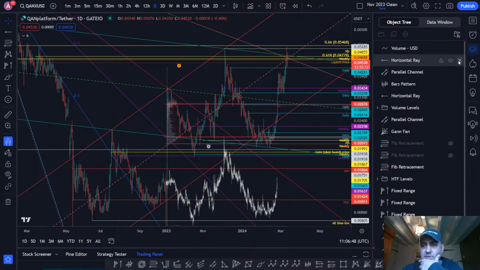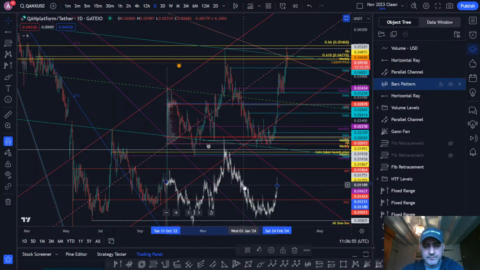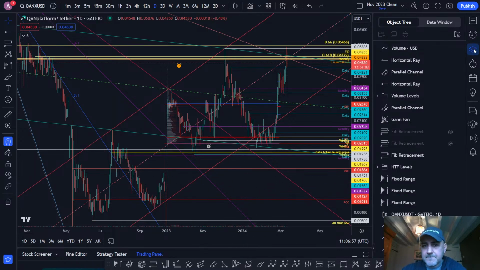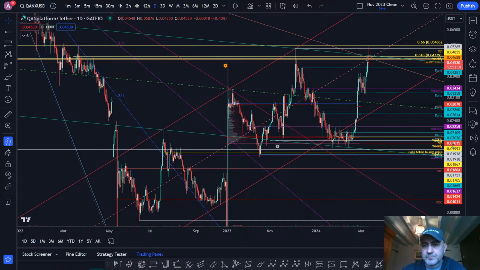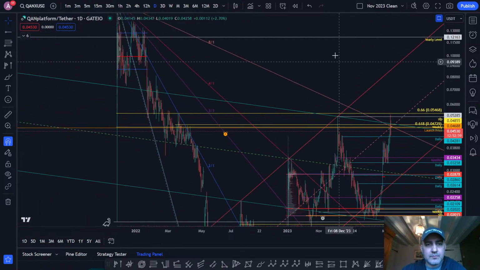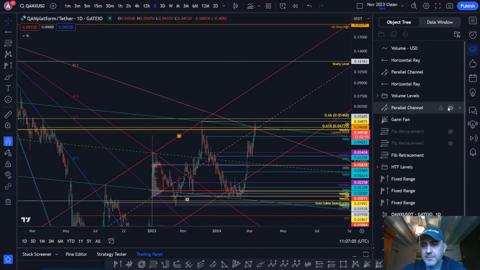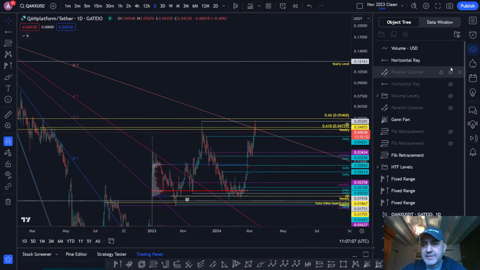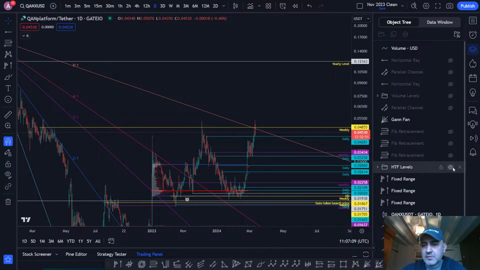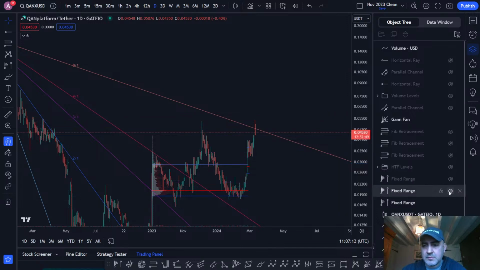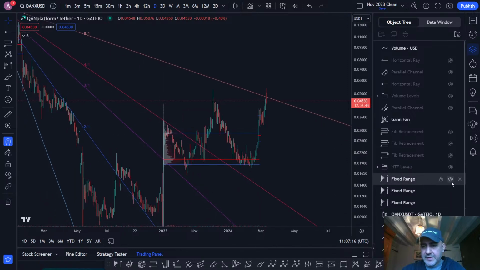Get rid of this. Okay. First things first. Let's get rid of these fixed ranges.